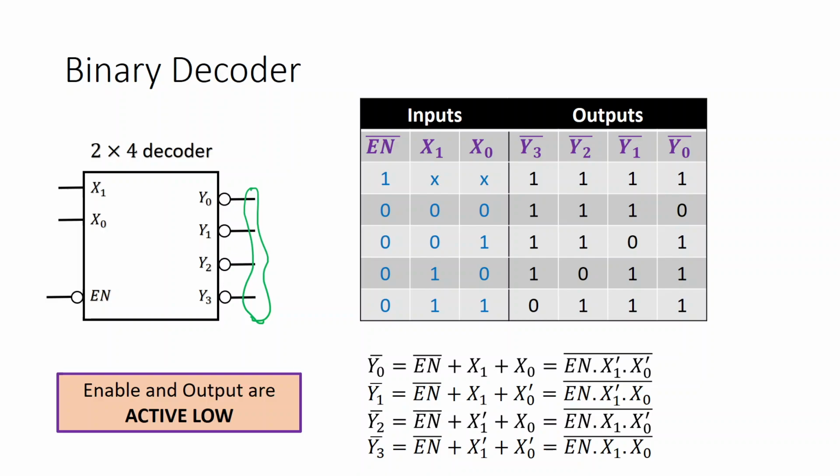That is one of the reasons why we choose the active low configuration over the active high configuration. So this is the active low configuration of the binary decoder.